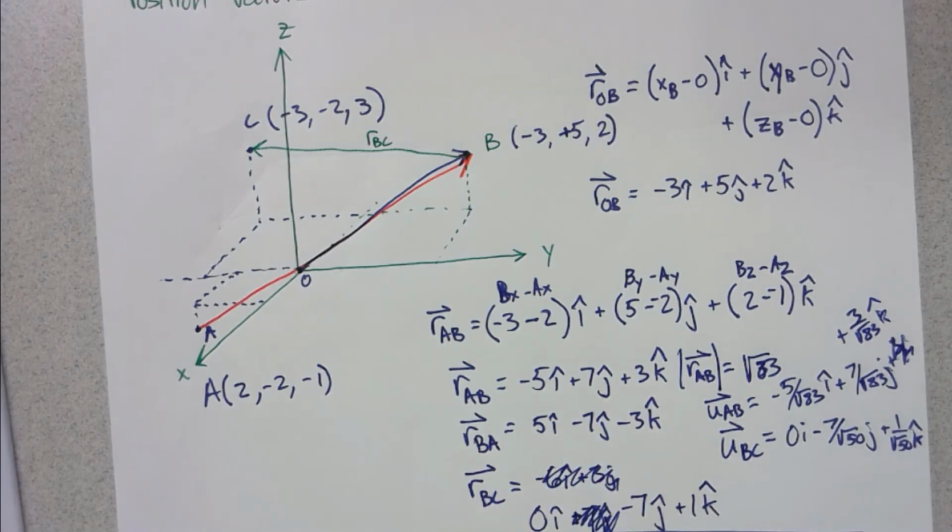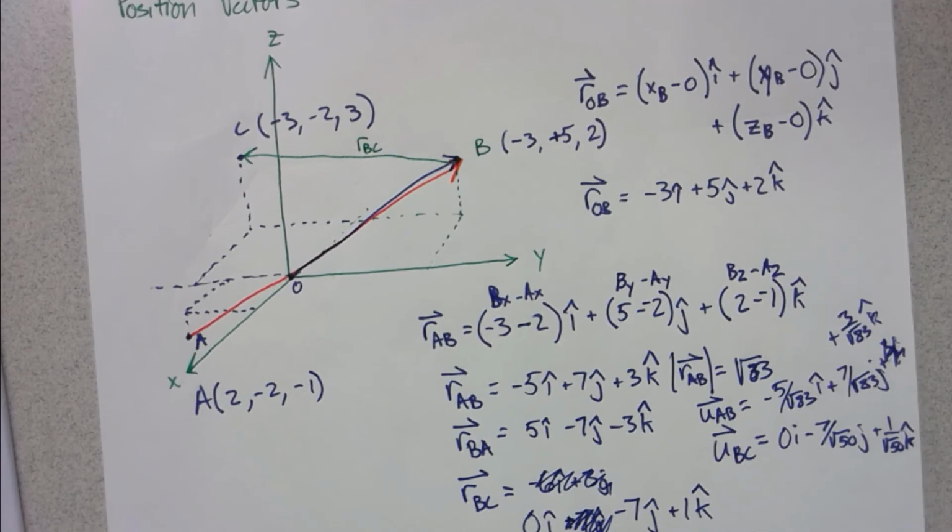The i and the j don't have hats. They all should have hats. Yep. I, j, and k always have hats in this class.